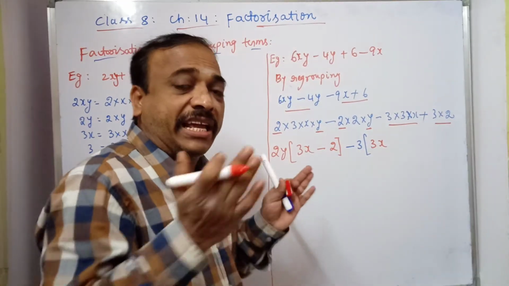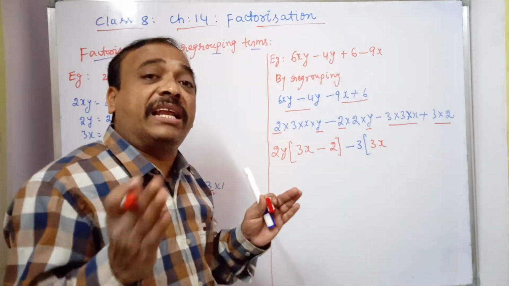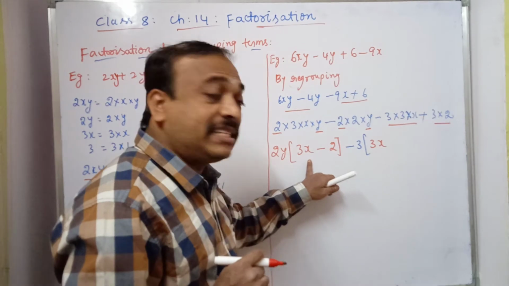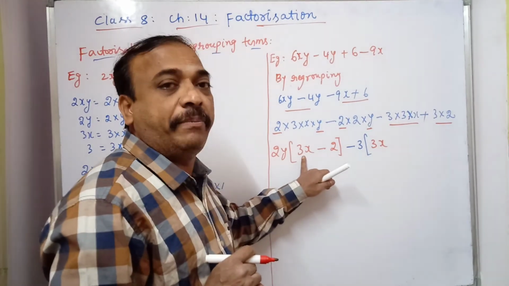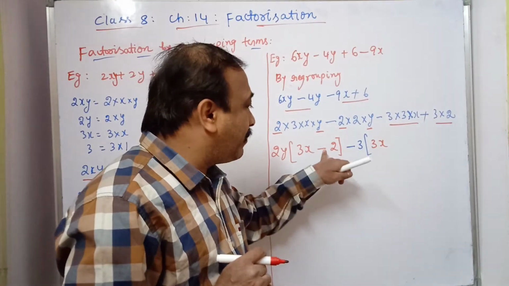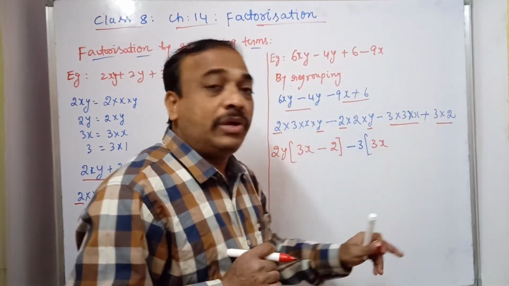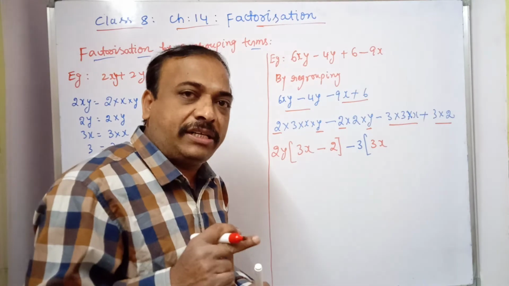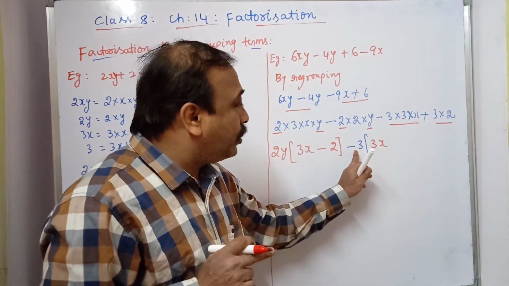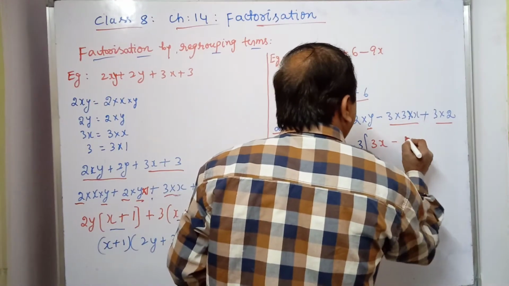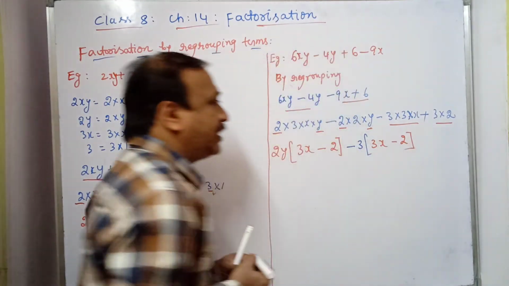Whenever we are taking a common factor, including the sign, it should be right. So 3x we got inside the bracket. Here also it should be the same, 3x we got. But here what do you have? Minus 2. But there you have plus 2. So if you write plus, is it sufficient? No, because we took even minus also common. I will explain this step once again.